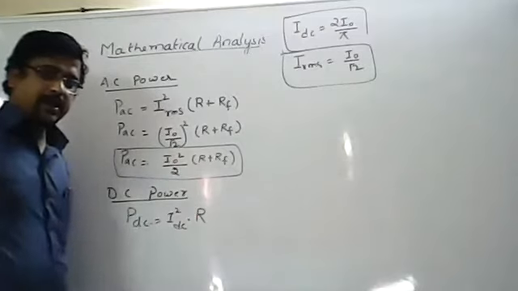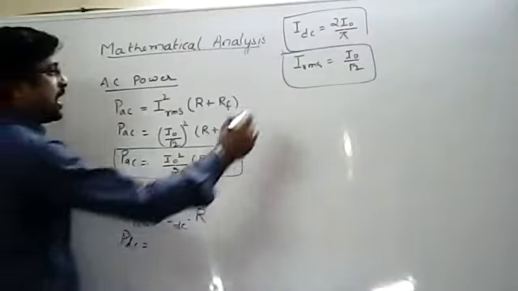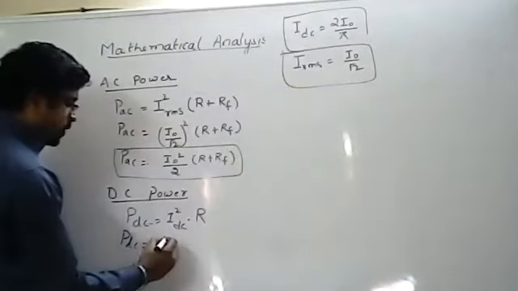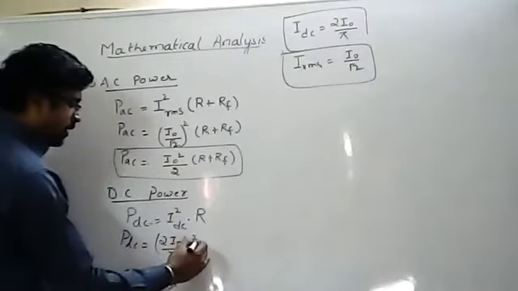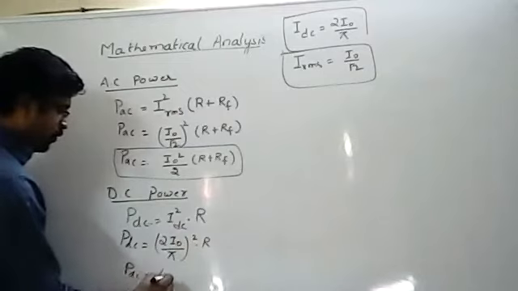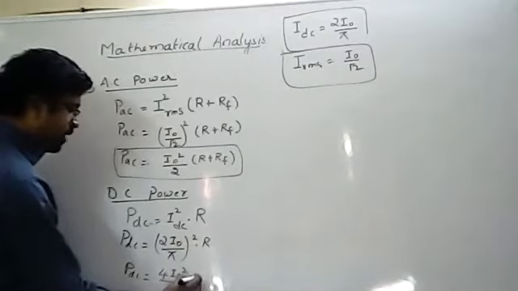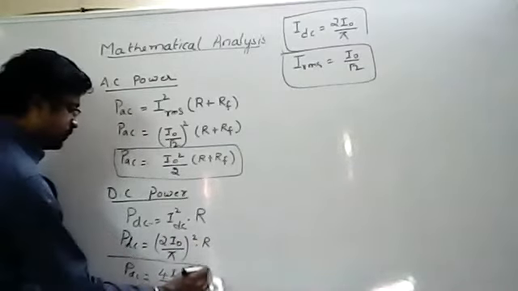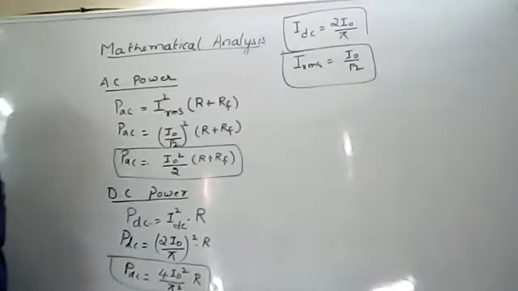R. I square DC into R. What is the IDC value? 2I naught by pi, whole square into R. So PDC is equal to 4 I naught square by pi square into R.